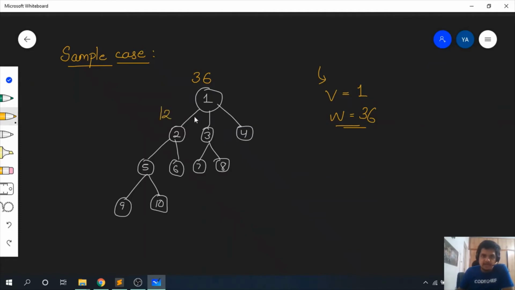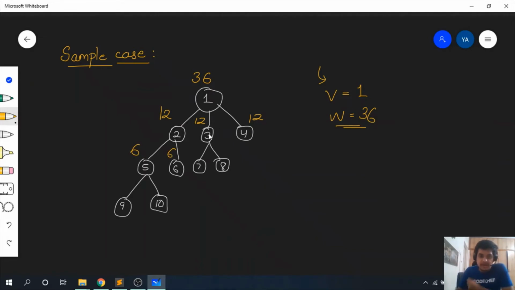And as 3 is a divisor of 36, it gets 12, 12, 12. Now let us start with this node. Node 2 has 2 children, 5 and 6. Is the number of children a divisor of the number of tasks? Yes. So 6 tasks and 6 tasks.